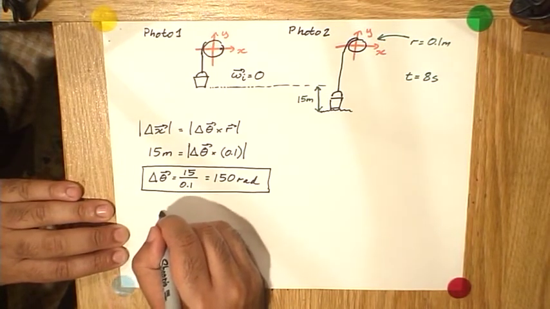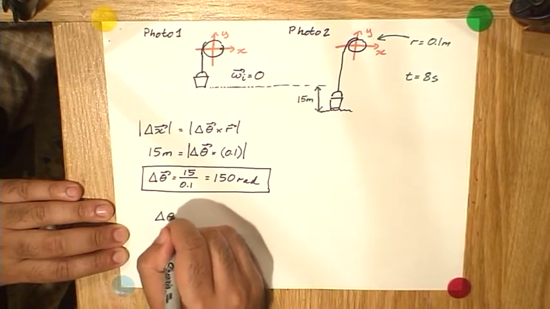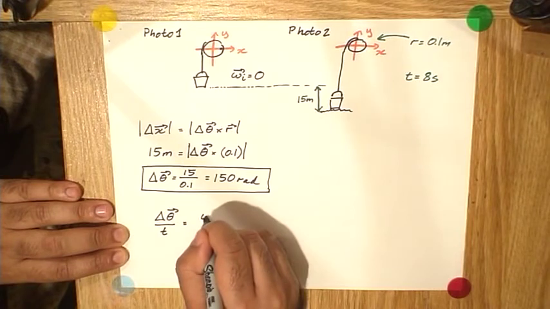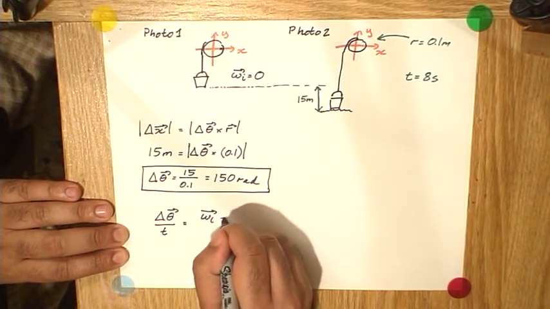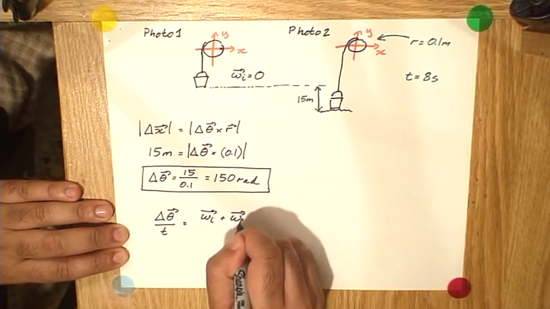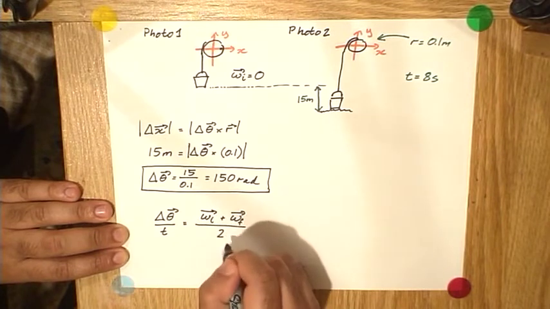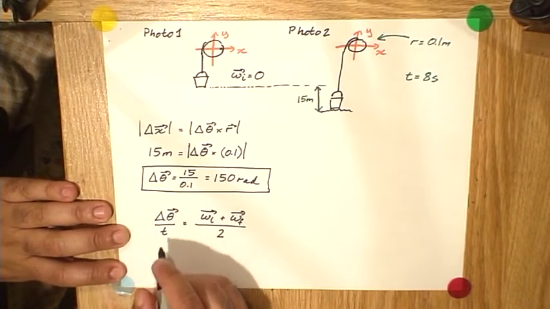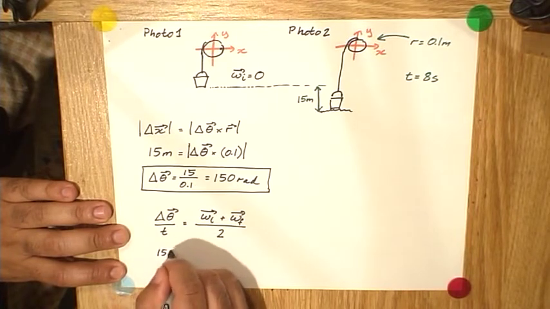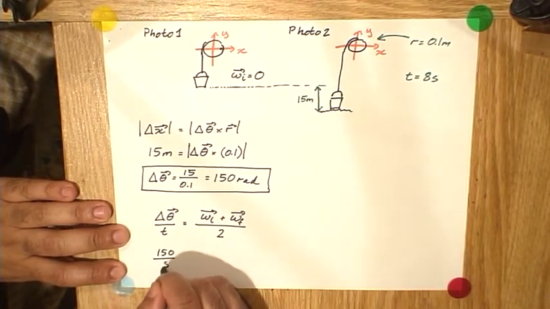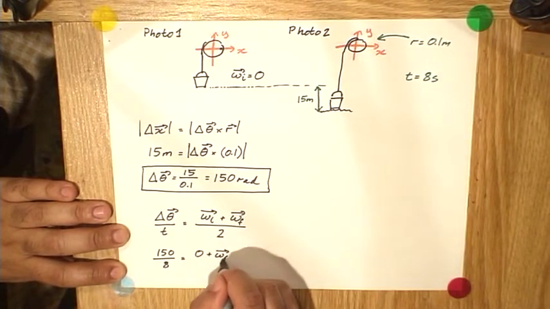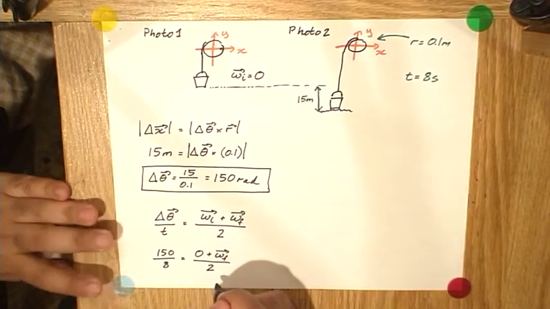Toolbox equation number 3 says the angular displacement divided by the time is equal to initial angular velocity plus final angular velocity divided by 2. So, angular displacement, 150, divided by a time, 8 seconds, is equal to initial, 0, plus omega final, divided by 2.